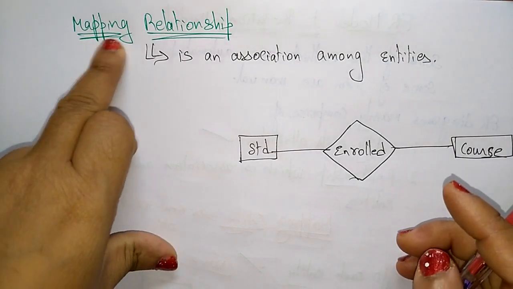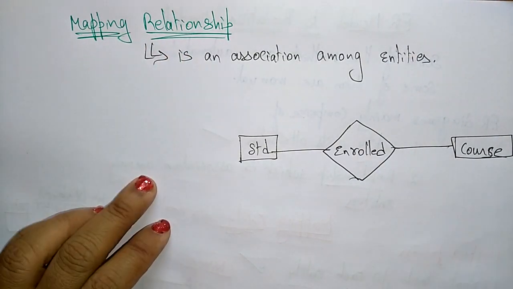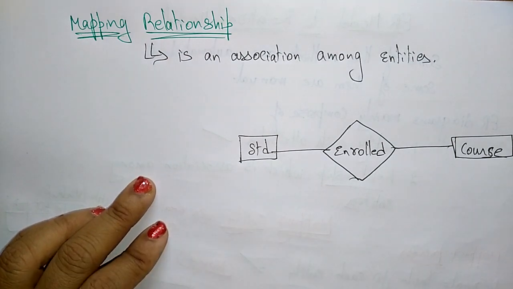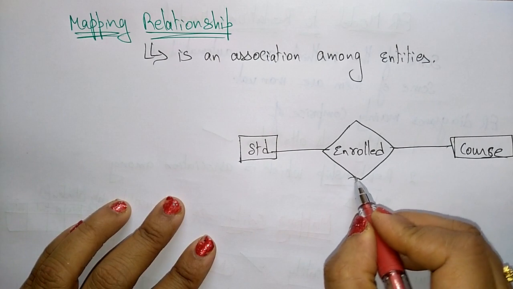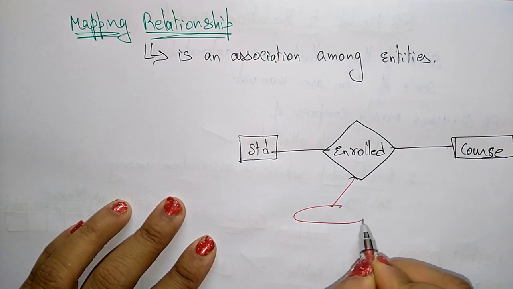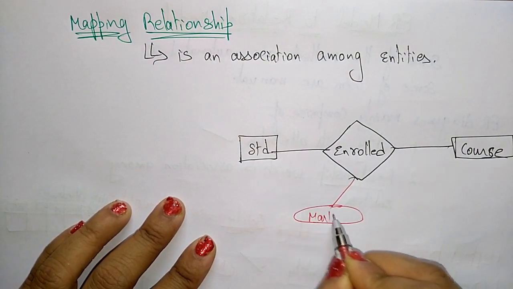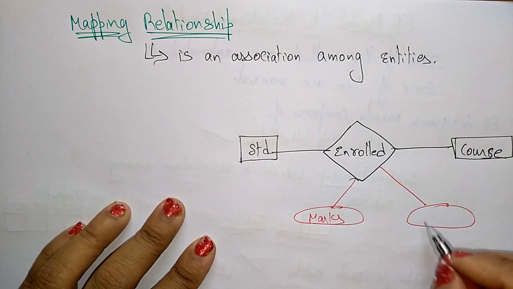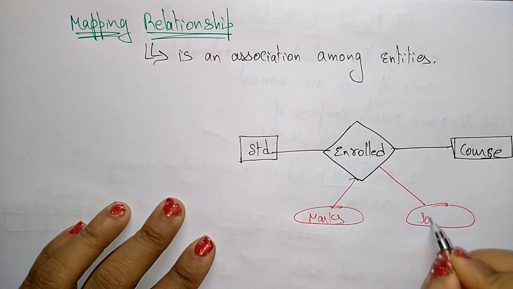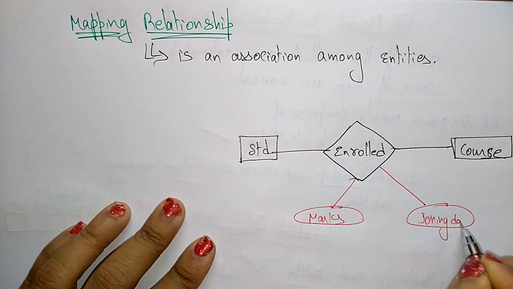So we are discussing the mapping relationships. In the previous video I explained the mapping entity. Now coming to the mapping relationship. The attribute of enrolled is marks. The attributes are also called fields. Joining date.